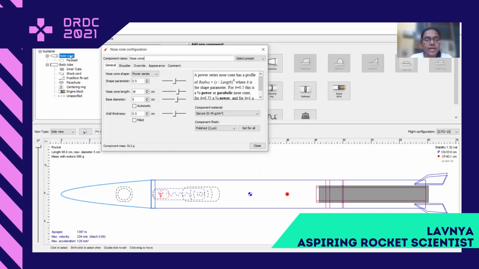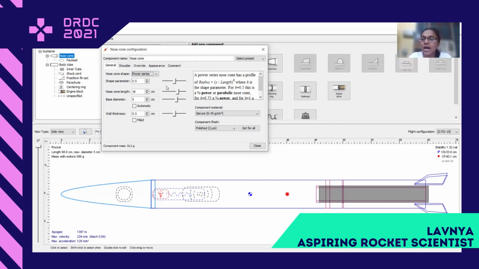So for this nose cone I have chosen the power series with a shape parameter of 0.5, because I wanted it to be slightly blunt and not too blunt. I chose this shape parameter and a nose cone length of 16 centimeter.